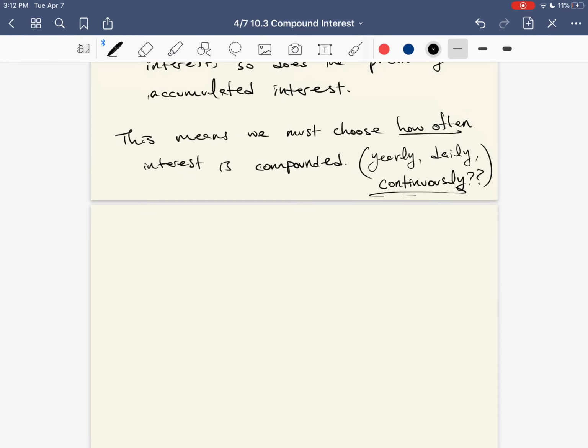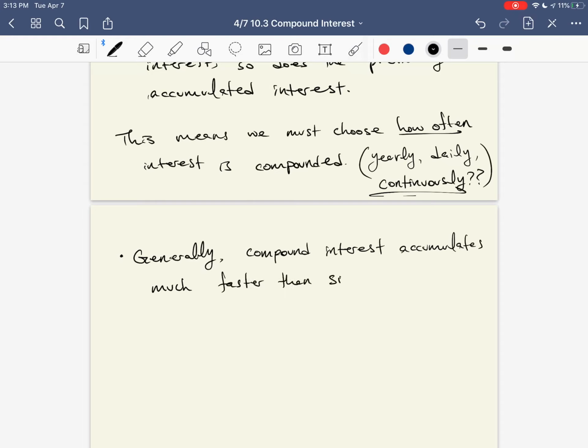So, in general, compound interest accumulates much faster than simple interest.